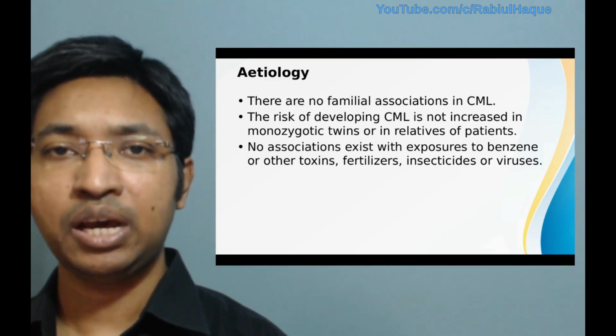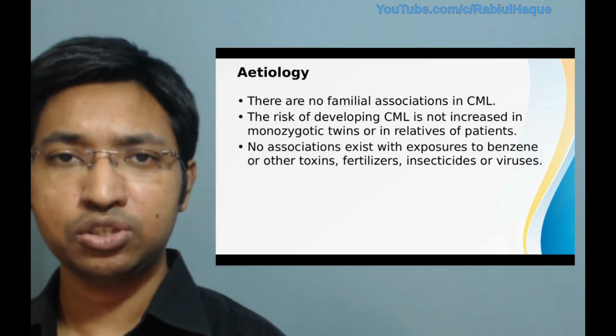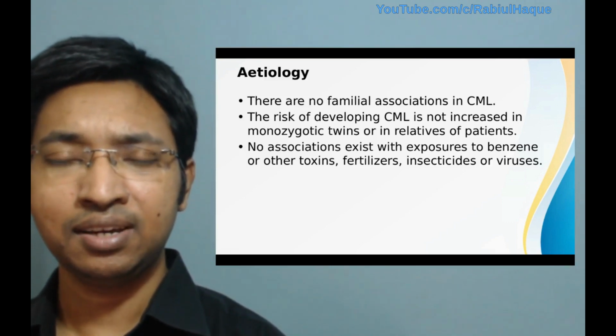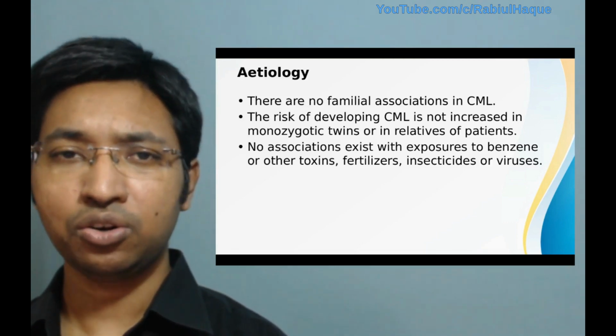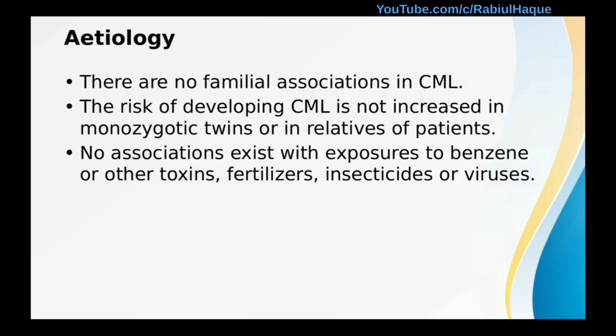So now that we have talked about the pathogenesis of chronic myeloid leukemia, now let's move on and talk about its etiology or causes. There are no familial associations in chronic myeloid leukemia. The risk of developing this disorder is not increased in monozygotic twins or in the relatives of the patients.